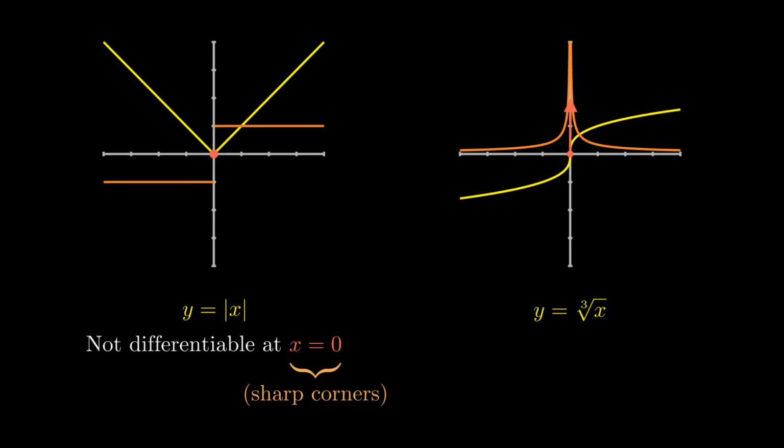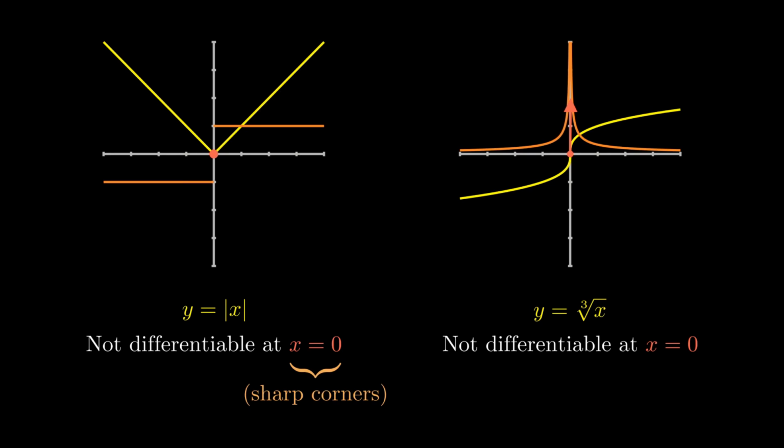And the consequence of this is that we cannot possibly assign any number to the limit of this gradient as we approach 0. It just keeps on increasing. It goes almost infinite, we would say. So the limit doesn't exist. And so this function is also not differentiable at x equals 0.